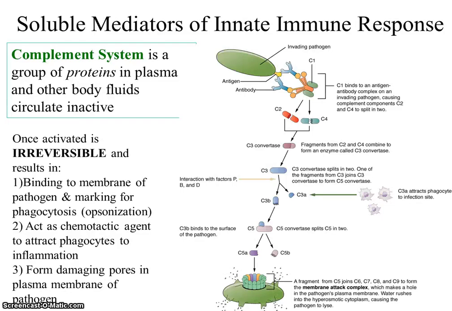All right. So here is a specific group of soluble proteins called the complement system, right? And these are in your plasma right now as you are listening to this or reading this in the book, all right? And as well as some of the other fluids in your body. So complement, once it's activated, is irreversible. So again, what is happening now is your complement is circulating inactive, all right?